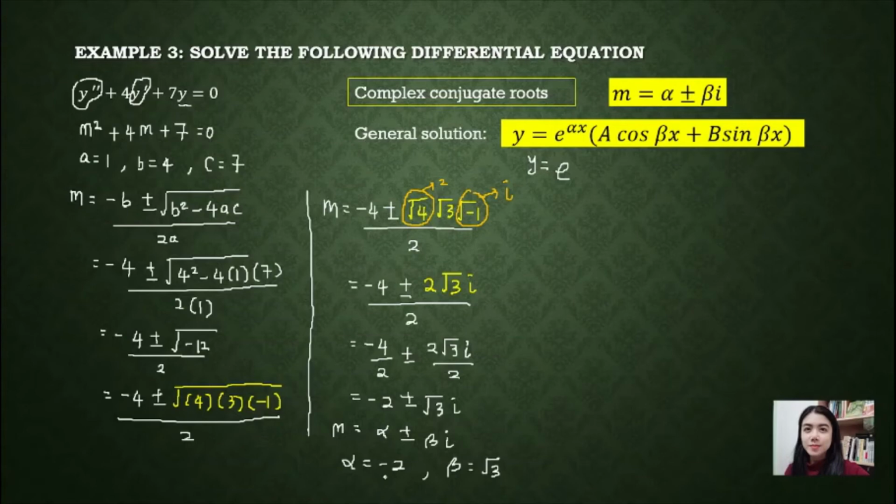Your alpha is negative 2, so you have negative 2 multiplied by x, bracket, a cos beta, so your beta is root 3, so you have root 3 with x, plus b sine beta x, so root 3 with x. So this is the answer for the general solution.